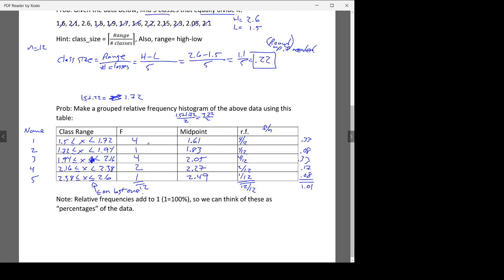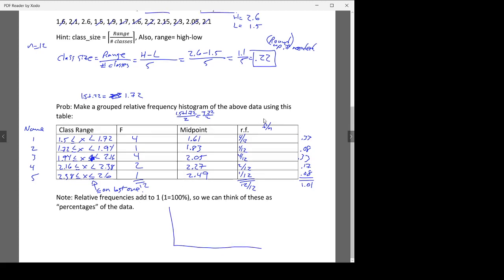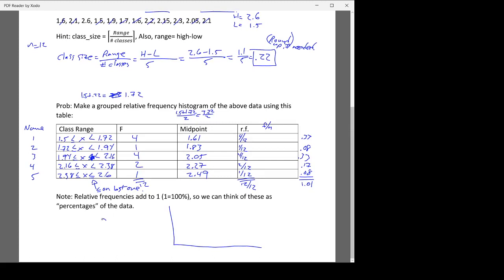And what it is we've just taken the frequencies and we've scaled them down. So if you wanted to graph the frequency histogram here, the grouped frequency histogram, then we'd have the frequency and the x.